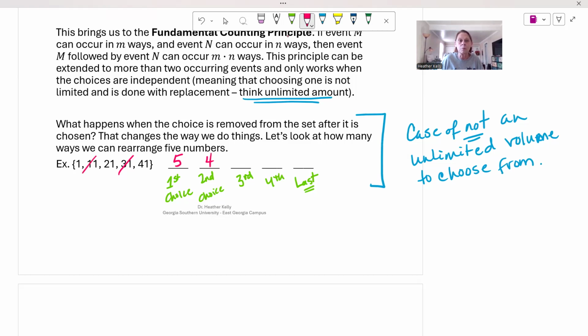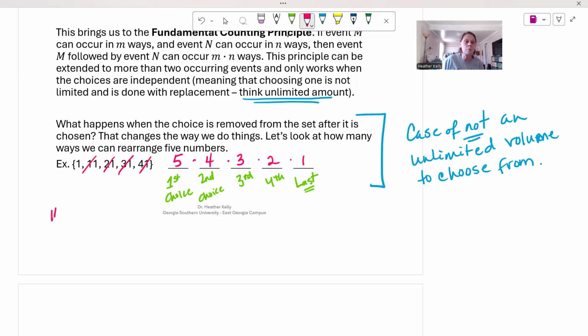How about the third number? There's only three choices for the third number. Two choices for the fourth number, and there's only one choice for the last number. You've exhausted what is in there, right? So this is it, and these are all multiplied together.